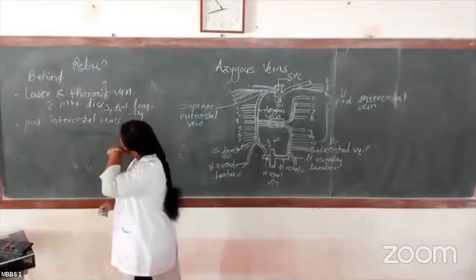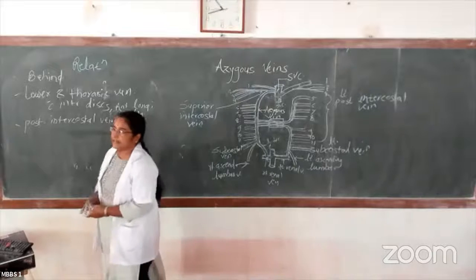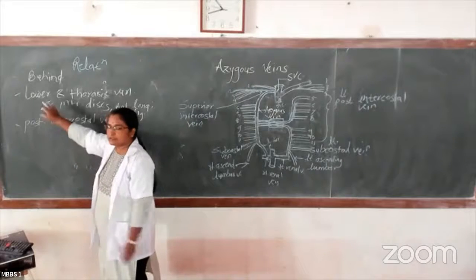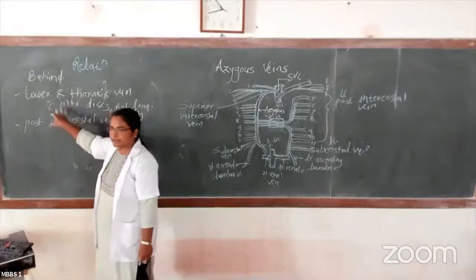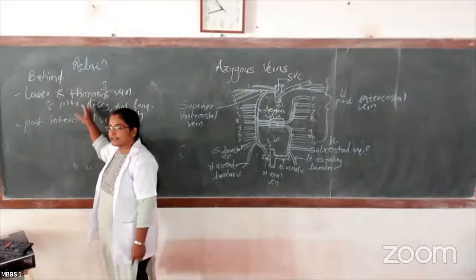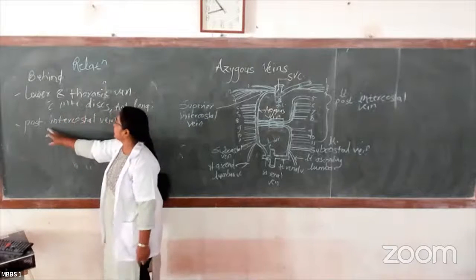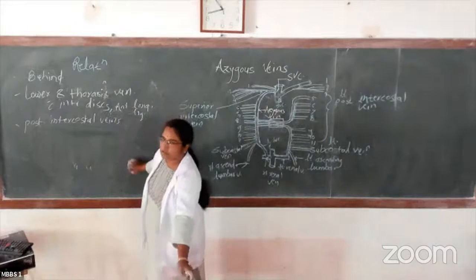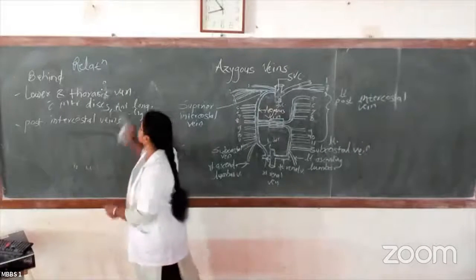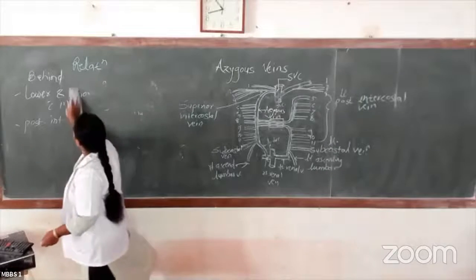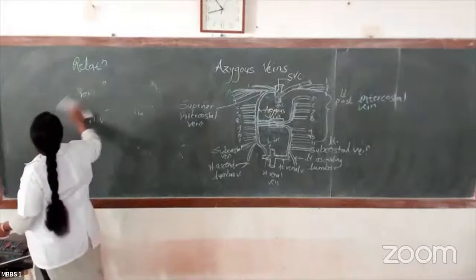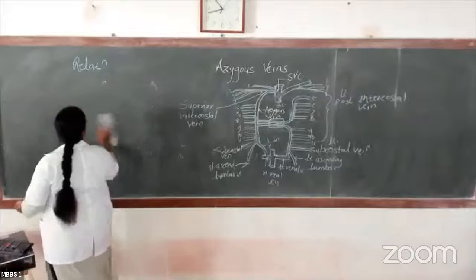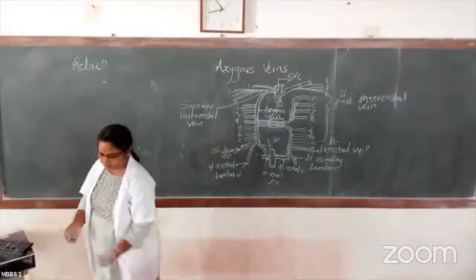So the azygous vein is related behind to lower 8 thoracic vertebrae with discs, anterior longitudinal ligament. Again, posterior intercostal veins of the right side. So these are the relations of back. Then what is present on the right side of it?